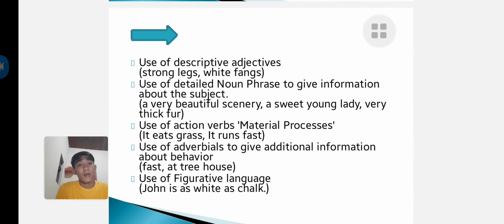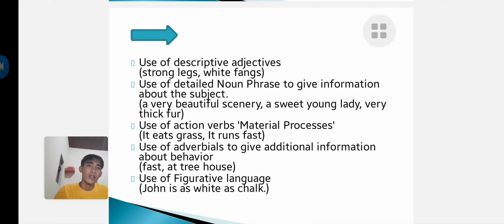And next is use of descriptive adjective. For example, she has long, strong legs, white face, and so on. And the next, use of the type noun phrase to give information about the subject.